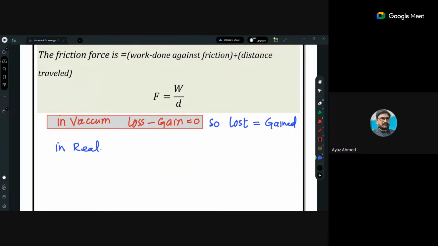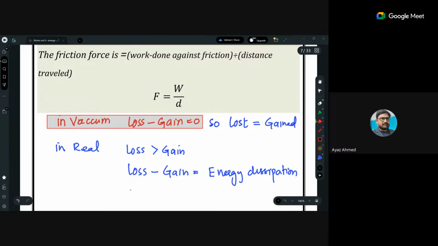But in the real world, loss is always greater than gain. Gain is always less. So the difference between loss and gain is equal to the energy lost in friction, the energy dissipation, and that energy dissipation is basically work done against friction.